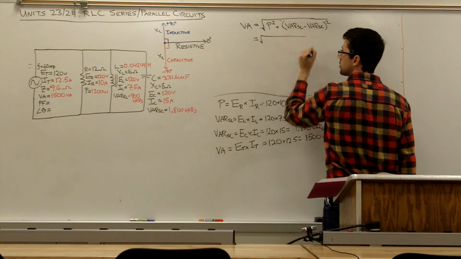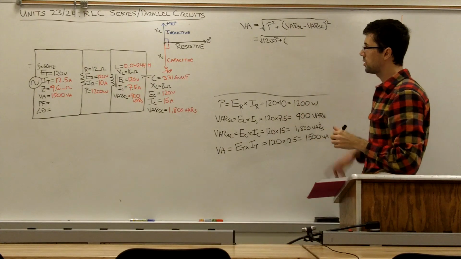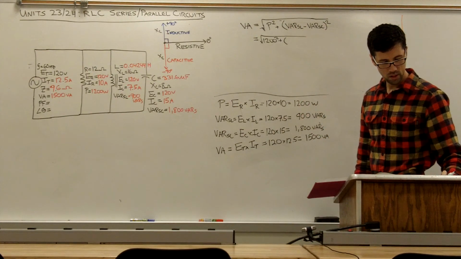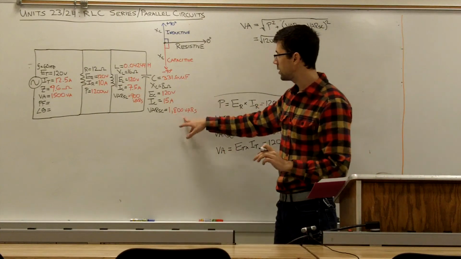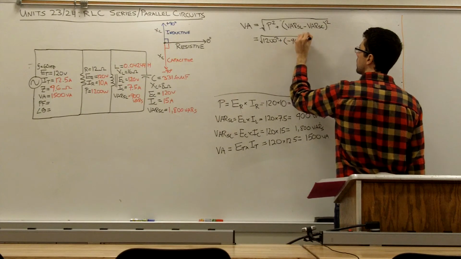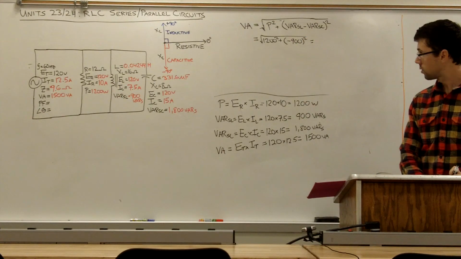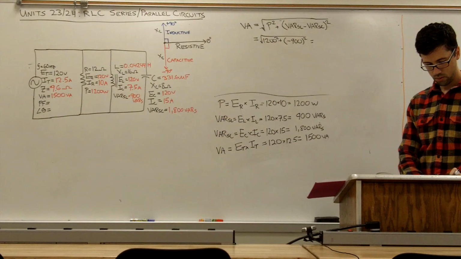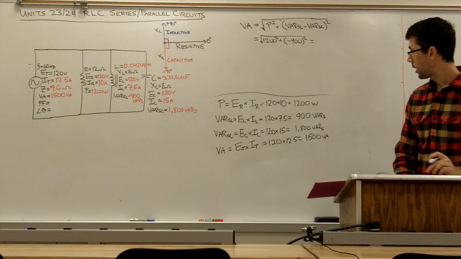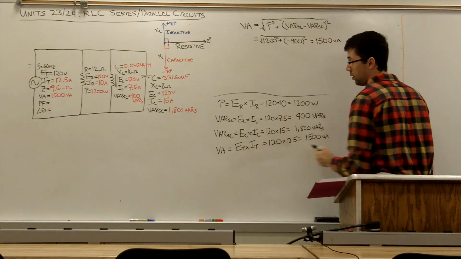So this is the square root of 1200 squared plus bars L minus bars C. So bars L is 900 volt amps, and we're going to subtract bars C, which is 1800 volt amps, which should give us negative 900, and then we square it, take the square root. And that gives us a value of 1,500 volt amps, which is the same value we found using Watt's law.